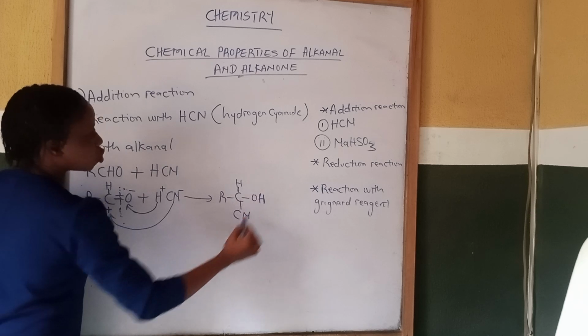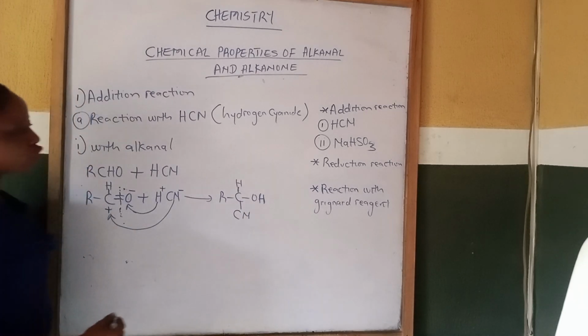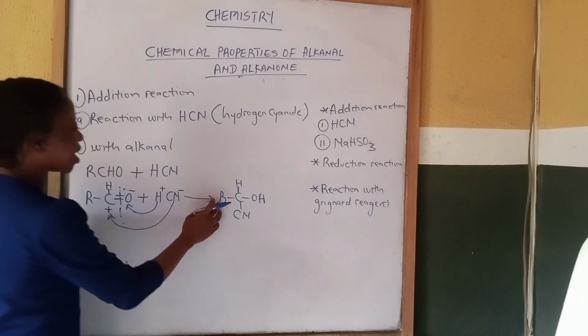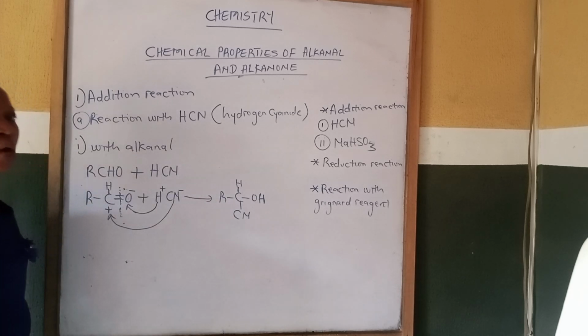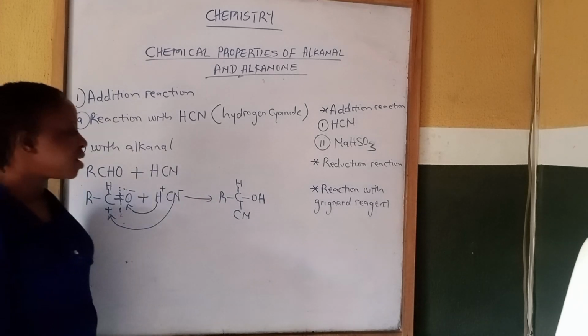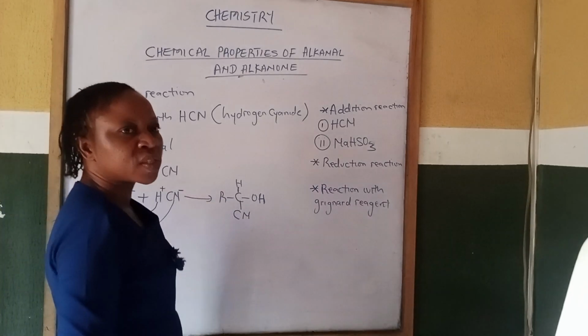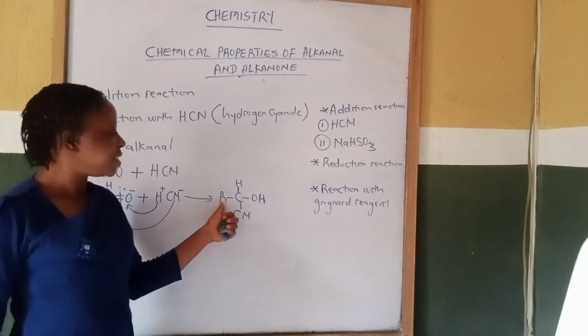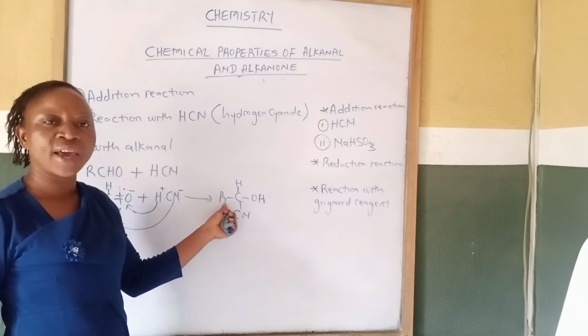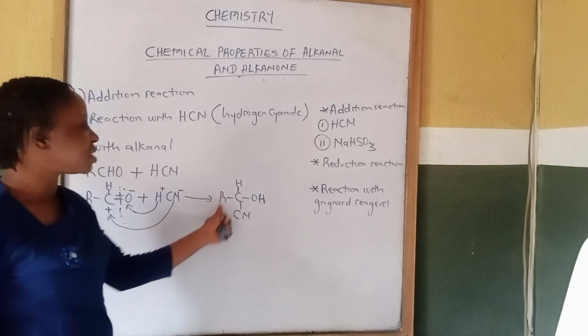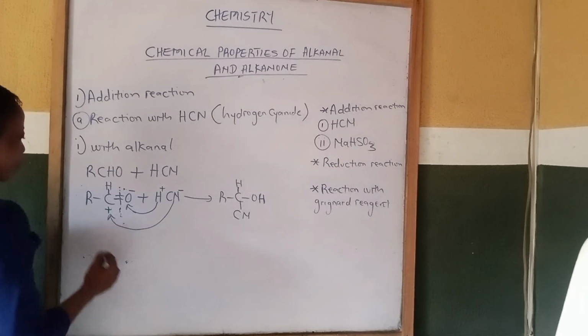So it will give us an alkanol. Let's replace this R with an alkyl group so that we'll be able to name our products. Don't forget that this R can be any alkyl group.